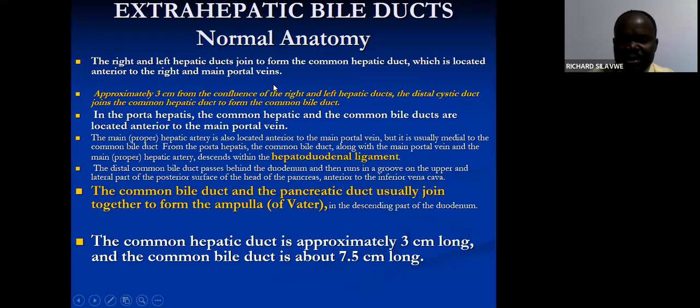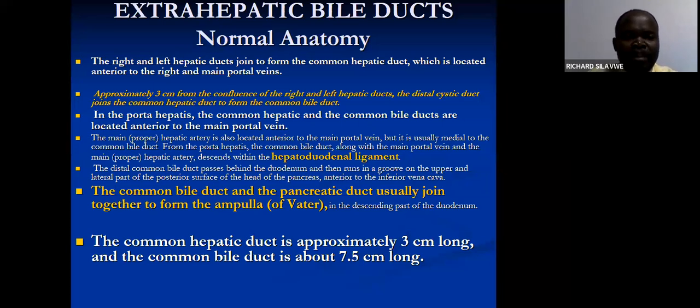Okay, just a moment, please. Okay. So I was talking about the normal anatomy. The right and left hepatic duct join to form the common hepatic duct, which is located anterior to the right and main portal veins. Approximately 3 centimeters from the confluence of the right and left hepatic duct, the distal cystic duct joins the common hepatic duct to form the common bile duct.